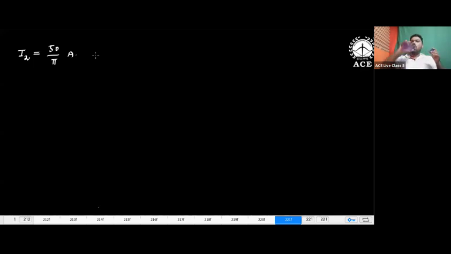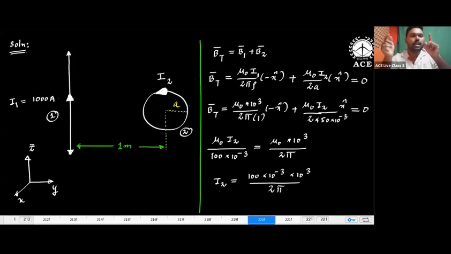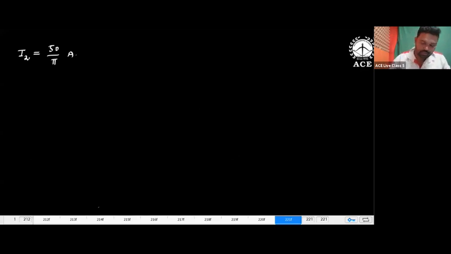Okay. So if the I1 is upwards, the current in the loop must be anti-clockwise. If the I2 is downwards, current in the loop must be clockwise. That is the observation. Yes.